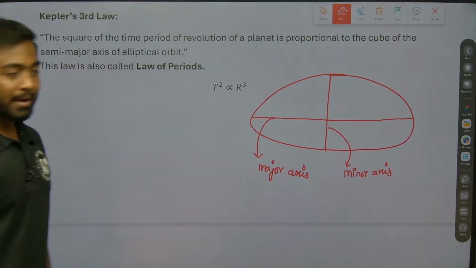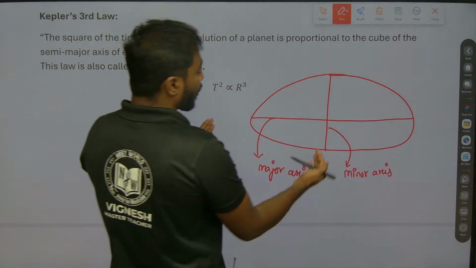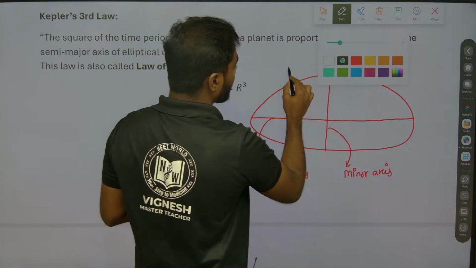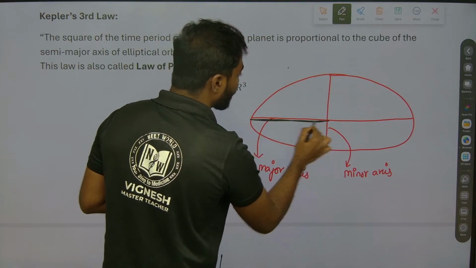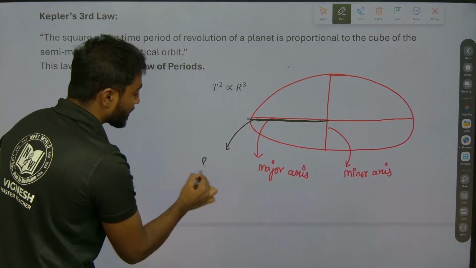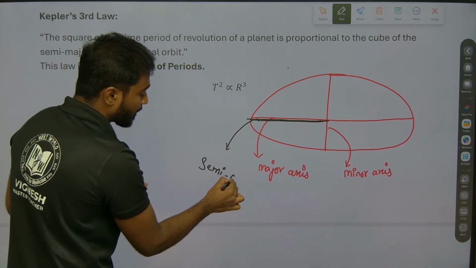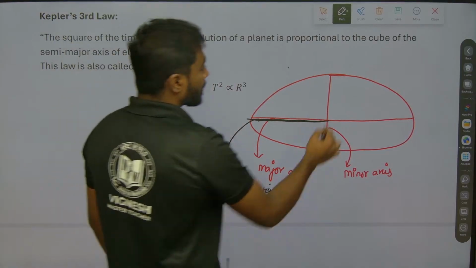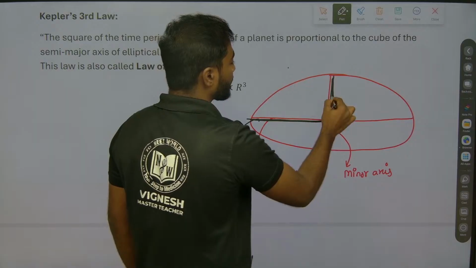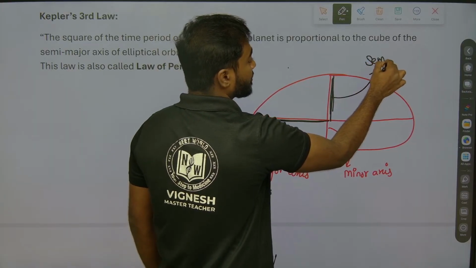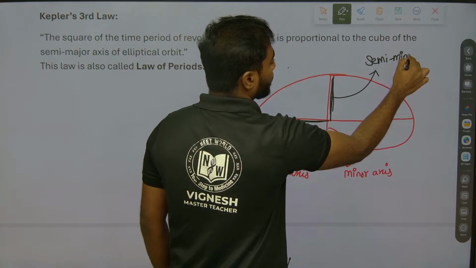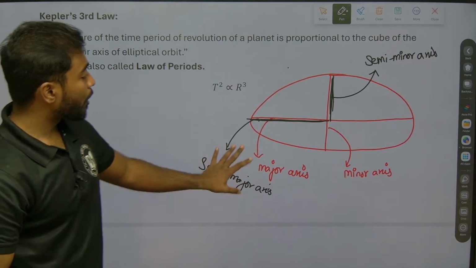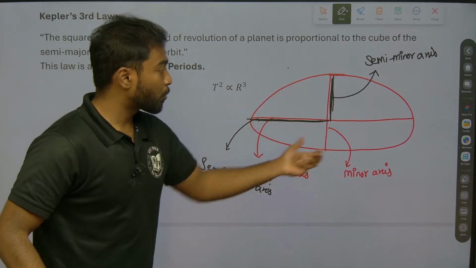Half of the major axis is called the semi-major axis, and half of the minor axis is called the semi-minor axis.